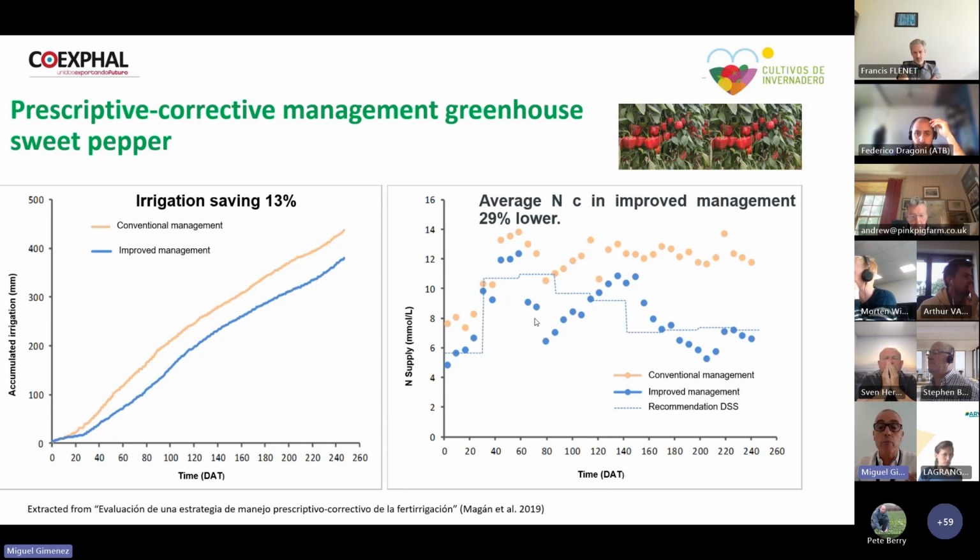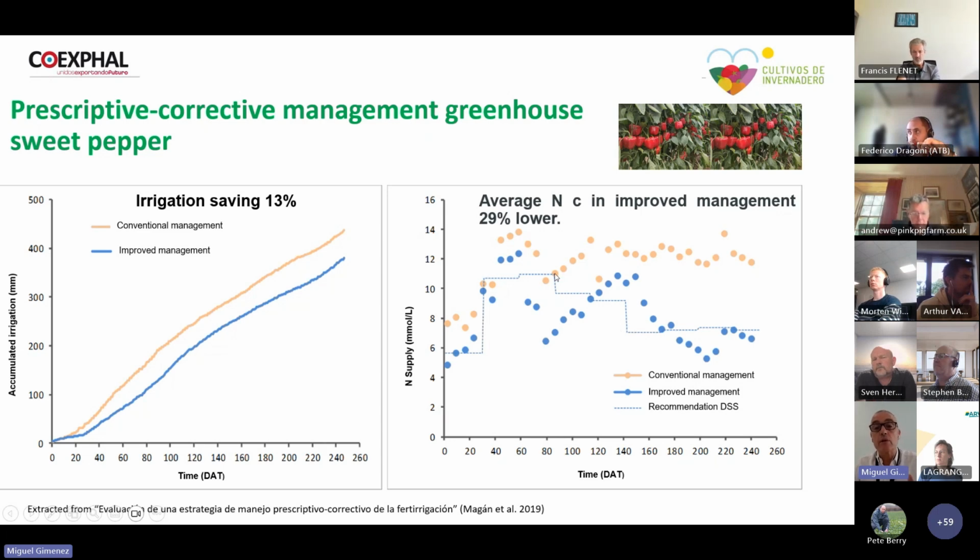If the nitrogen concentration in the nutrient solutions applied is compared, you can see that the red dots, this nitrogen concentration, is much higher than the blue dots, which represent this improved management based on this decision support system.